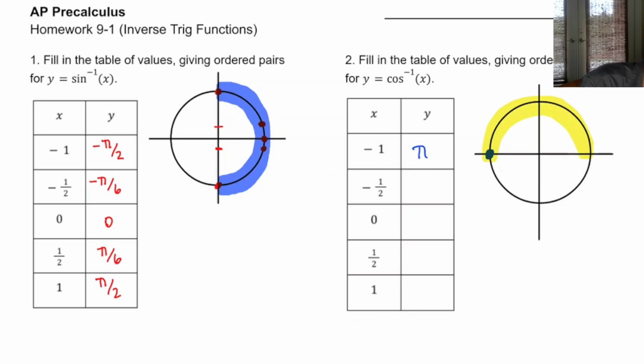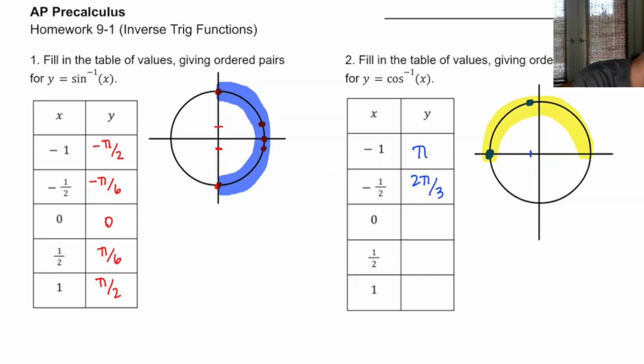When is cosine -1/2? I really like those halves in this class, it seems like. That's going to be towards the top of the unit circle, but not the top, because that's where cosine is 0, no displacement from the y-axis. So it's the first stop beyond pi over 2, which is going to be 2 pi over 3.